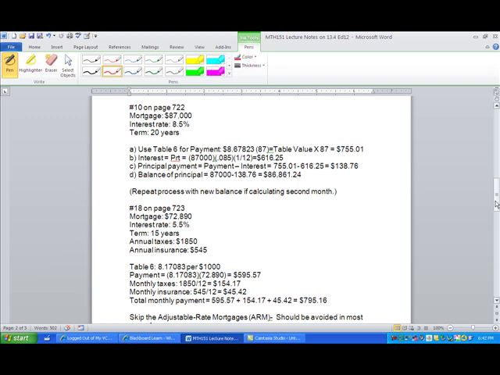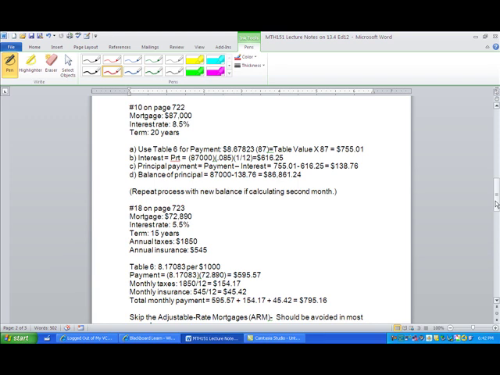Because it's $87,000 and the table value is the payment per thousand, we want to take the 8.67823 from the table times 87, because there are 87 thousands in this particular mortgage, and we get 755.01 as the monthly payment. So that's step one.